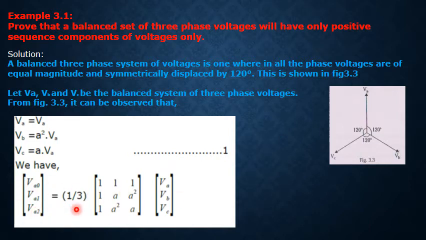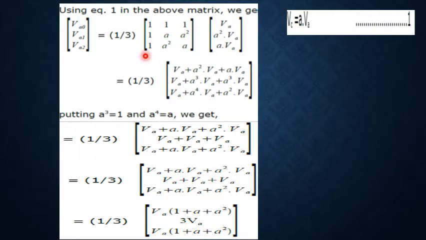In this matrix, the VA, VB and VC voltage values are there, so we are going to replace these voltages with the respective values we obtained with the help of the phasor diagram. We substituted those respective values in this equation 1.